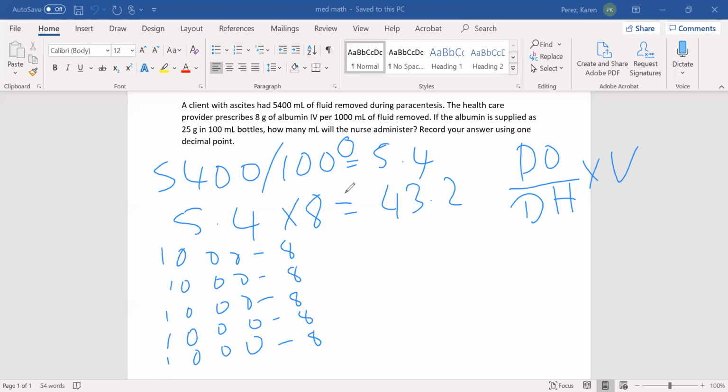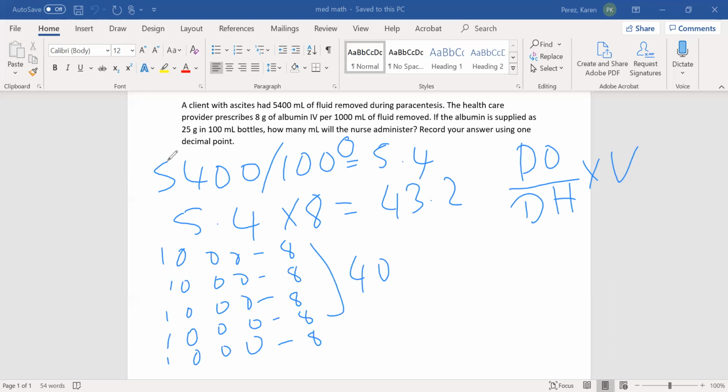This is 5 times 8, and we know that gives us 40. But we still have the 400 to calculate. That's why we multiply by 8. If it was just 5,000, it would be so easy to work out that it would be 40. But because we have the 400 on it, it makes it a little bit challenging to work out. So it is best to work it out using this method.